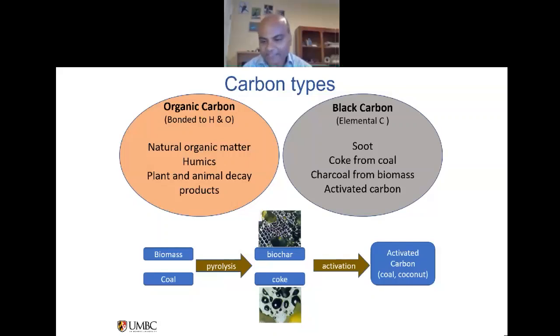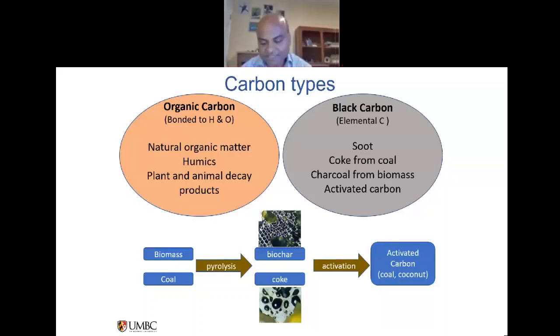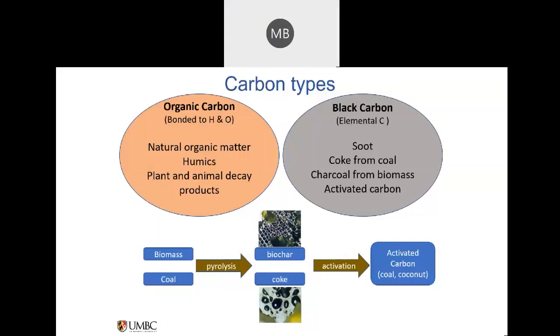Industrially, we can take that char, which can be either the biochar, which would be charcoal coming from different woody materials, to coke that comes from coal. Now, coal is also woody material, just diagenetically altered over millions of years. We end up with this material which has a graphitic surface which absorbs these chemicals.